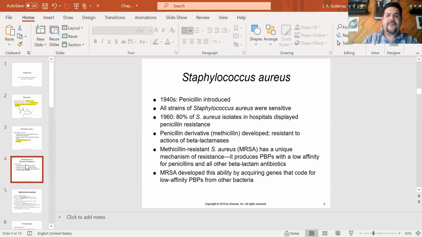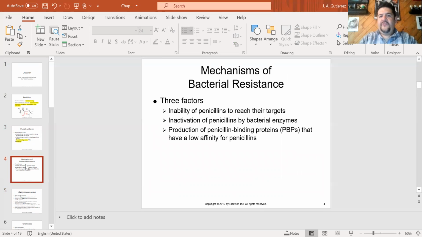And how did this happen? Well, the main thing is that we're treating microorganisms that, just like us, are able to evolve in order to survive. So they evolved the production of penicillin binding proteins that have low affinity for penicillins.